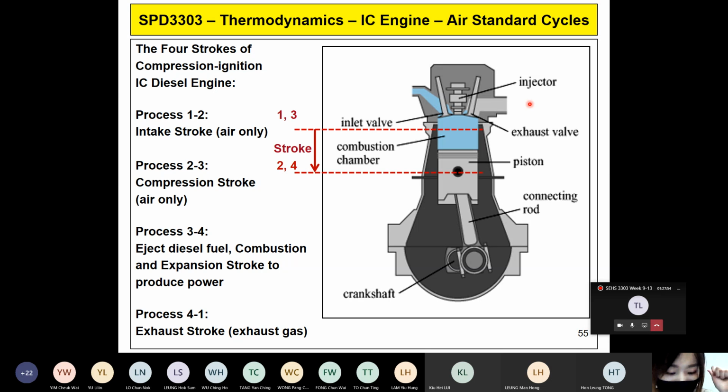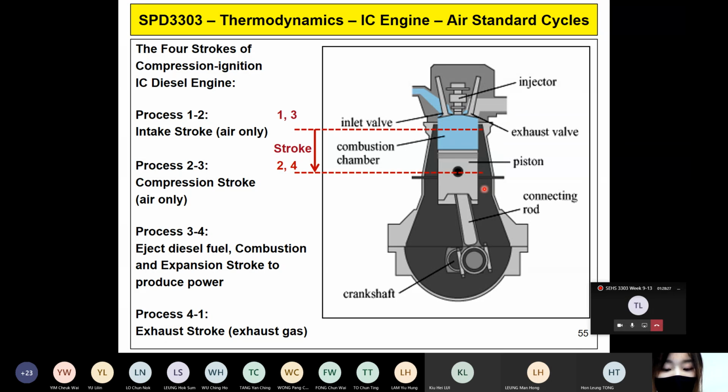The high temperature, high pressure combustion gas then pushes your piston down to give you useful work output, to produce power for your vehicle. That's the expansion stroke. Sometimes we call it a power stroke because in this stroke, we can obtain power. We can obtain the work output.